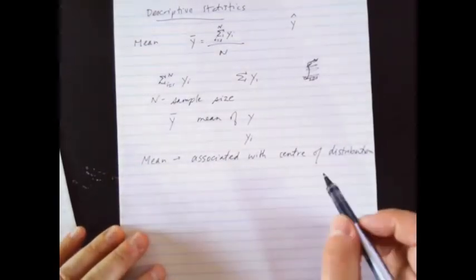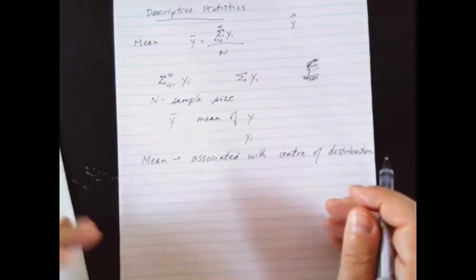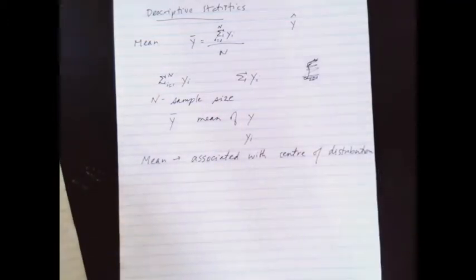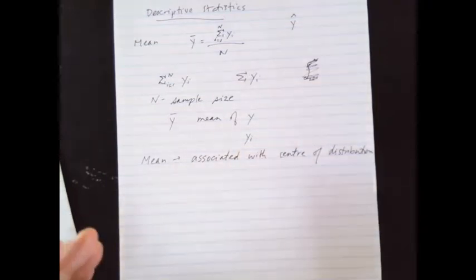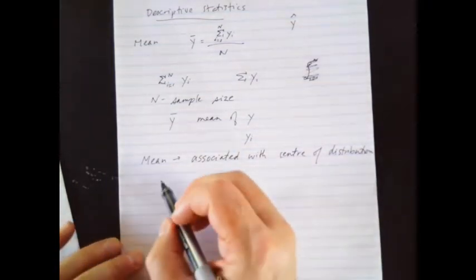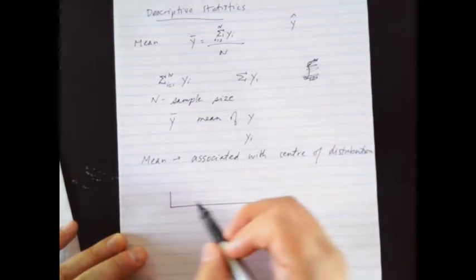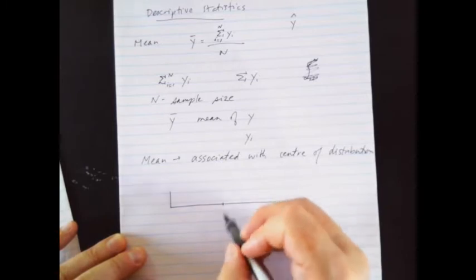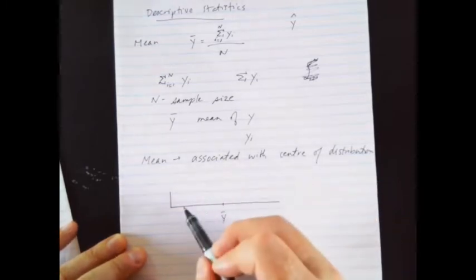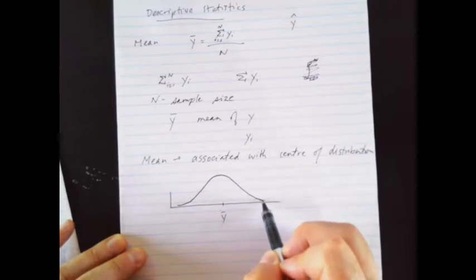And a lot of data that we look at, when we say it's distributed, it means some have a low value and some are close to the middle and some have a high value. And in between, a lot of data, so if this is y bar, a lot of the observations tend to have a bell-shaped distribution.